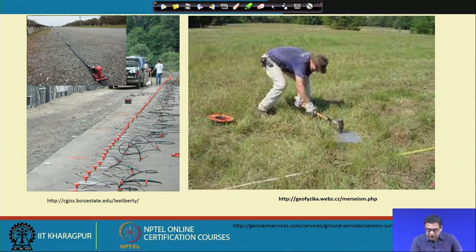Now, if I apply the hammer blow in this way, then the wave which is generated is rich in P wave, the primary wave.